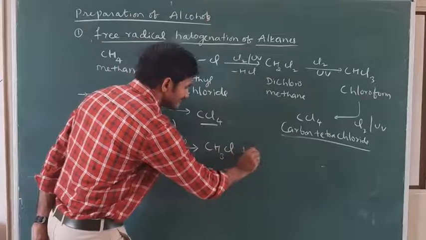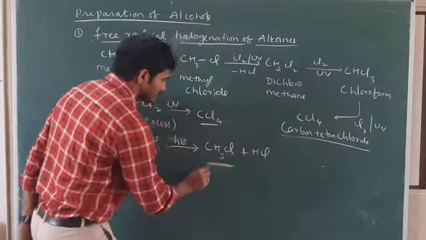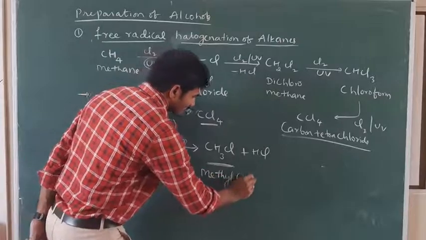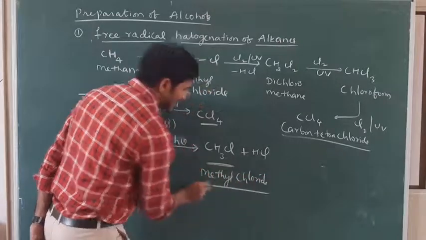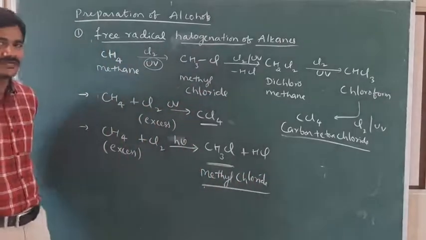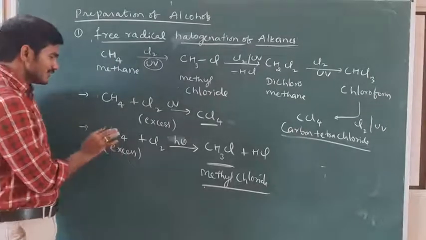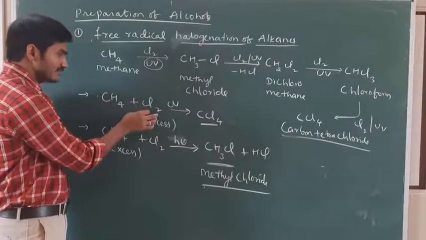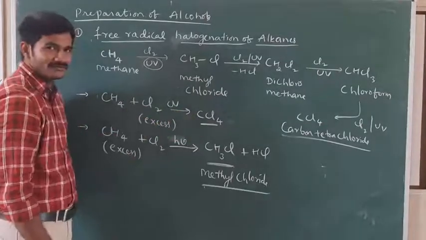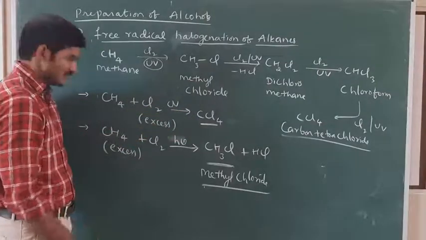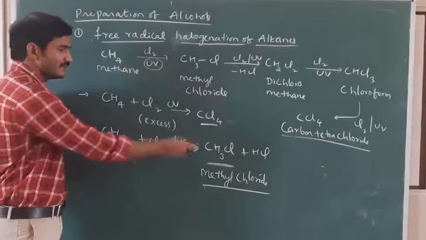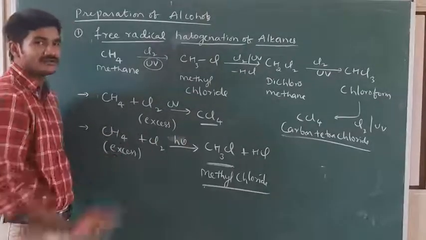CH3Cl plus HCl, methyl chloride. So this way we can convert hydrocarbons into haloalkanes. If chlorine is in excess, we get carbon tetrachloride, the chlorine-rich compound. If we take chlorine 1 molecule and more hydrocarbon, we get one product, in this case methyl chloride.